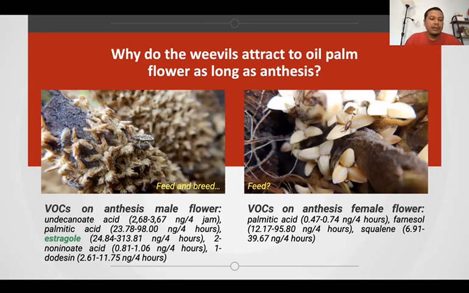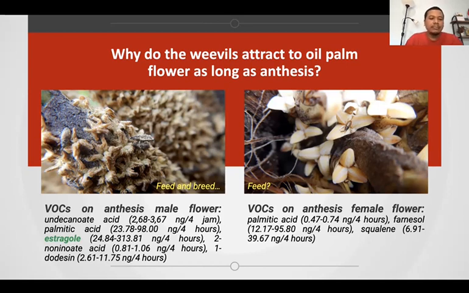However, of the various volatile organic compounds, estragole was the most attractive compound for the weevil Elaeidobius kamerunicus. This is consistent with the observation that this weevil is more attracted to the male inflorescence of oil palm.